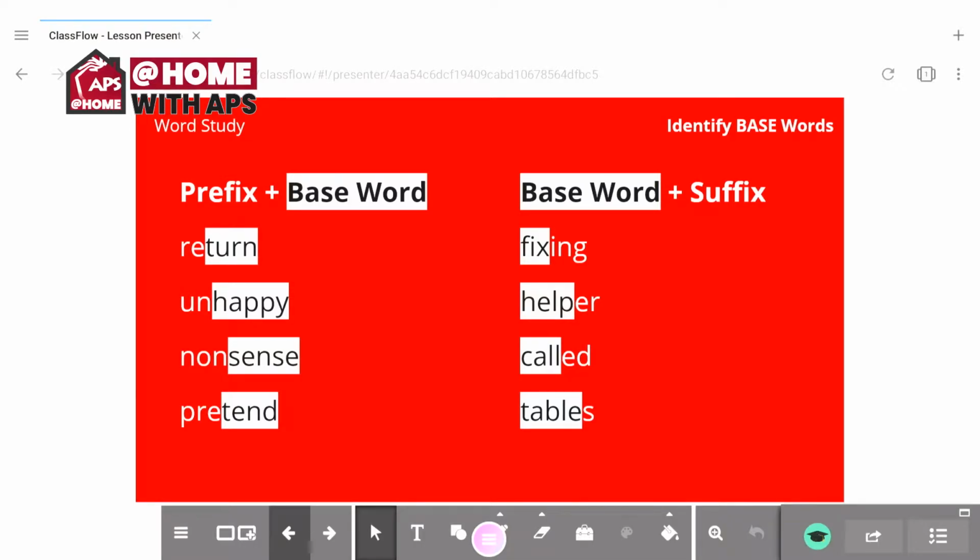Return, unhappy, nonsense, pretend. On the next column, fixing, helper, called, tables.